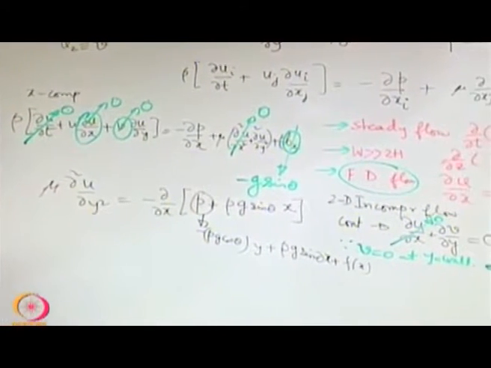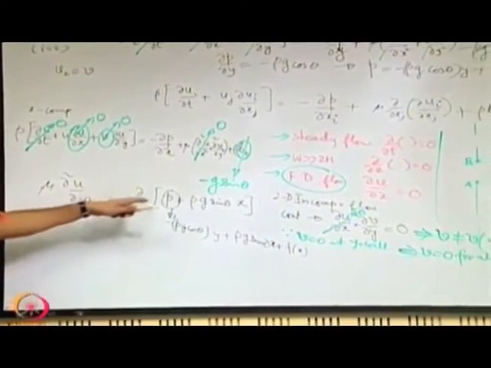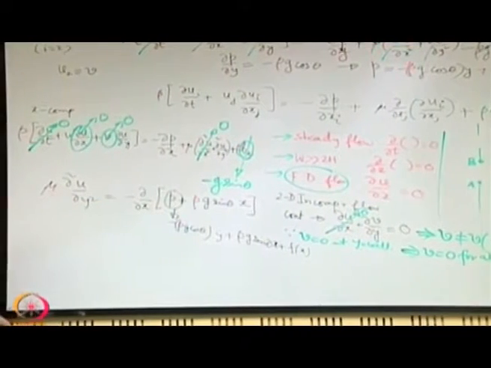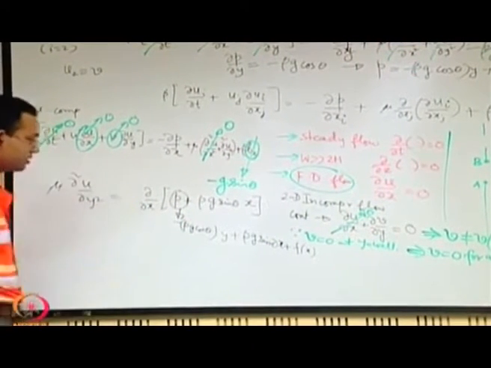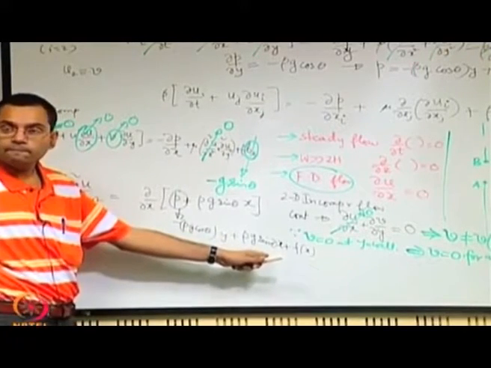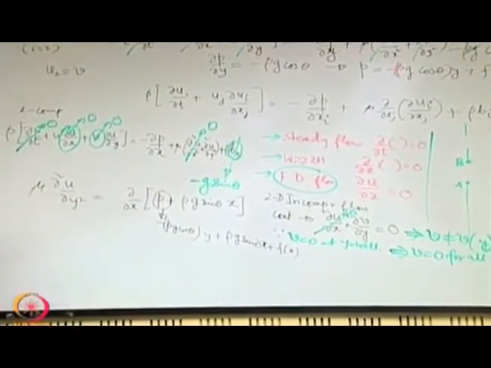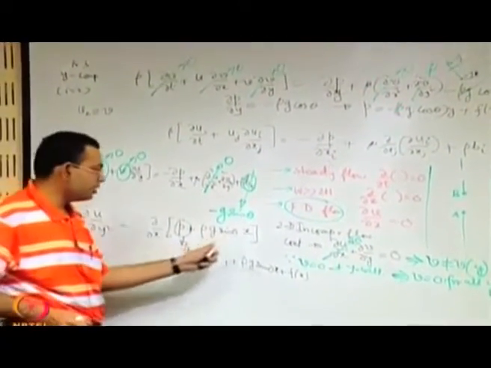Which one? This one? Yes, right. This is plus. Okay. Then whatever is in the bracket is there. So substituting p from what we got from the y momentum equation, plus the rho g sin theta x term.